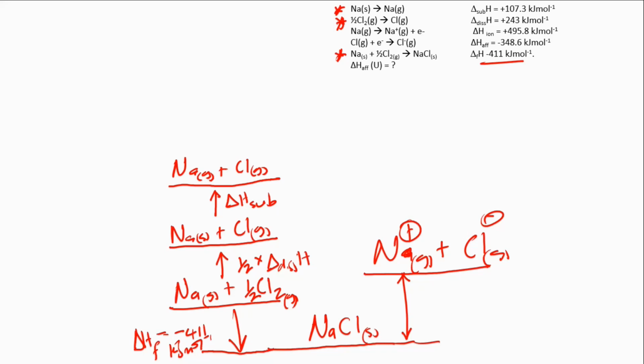And of course, that requires energy, right? It's like pulling two magnets apart. It takes energy. It won't happen easily. So it's an endothermic process, as you can see here. All right, you see the value is positive. I put delta H ionization. Okay, diagram looking a little ugly, but anyway.